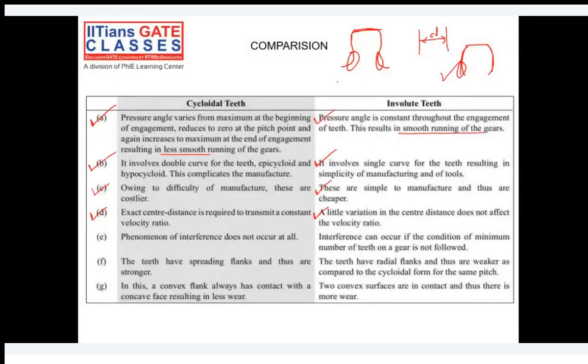This is the main advantage of cycloidal teeth, because we already have undercuts here. In case of involute profile, to avoid that, we can either give undercuts, or we have to satisfy the condition of minimum number of teeth on the gear in order to avoid this interference. I'll explain that in the upcoming slide.